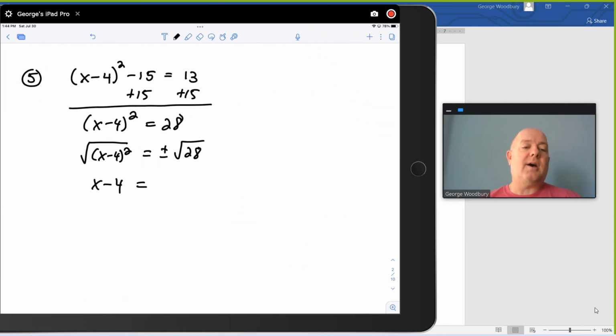On the right-hand side, we need to simplify the square root of 28, and we don't know that exactly, but we do know that 28 is 4 times 7, and we know the square root of 4 is 2. So this is plus or minus 2 square root of 7. We can finish this by adding 4 to both sides of the equation to isolate x.